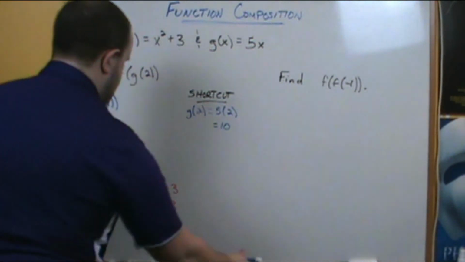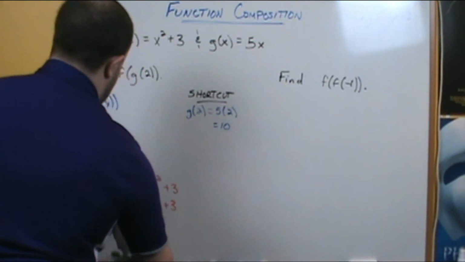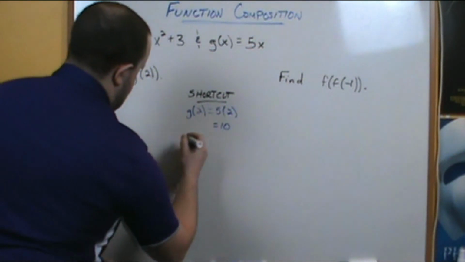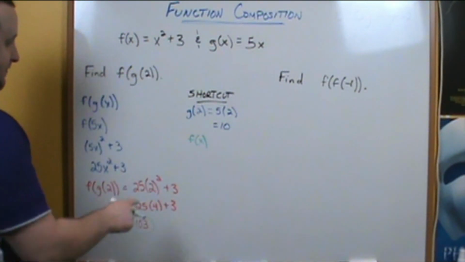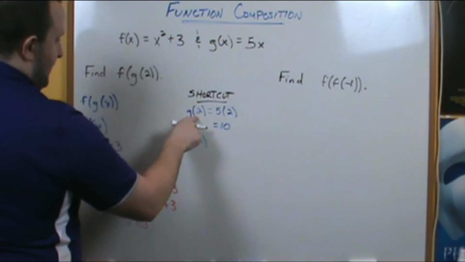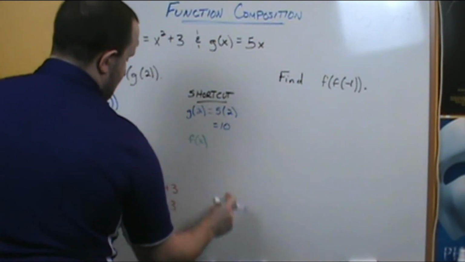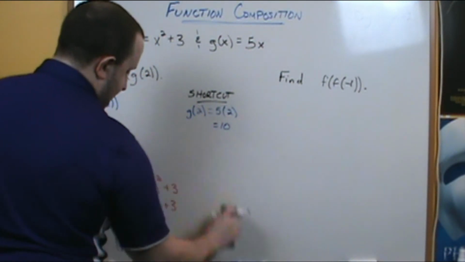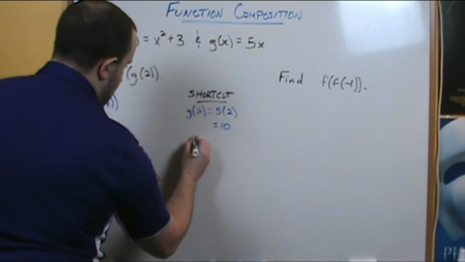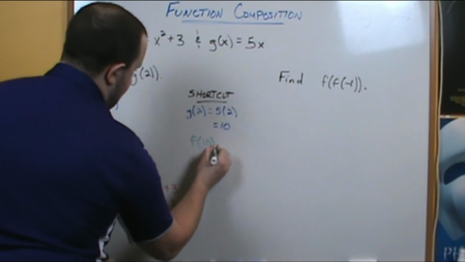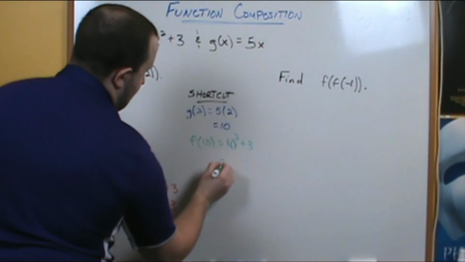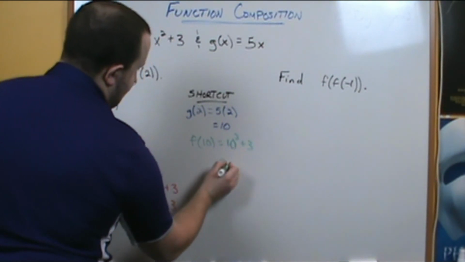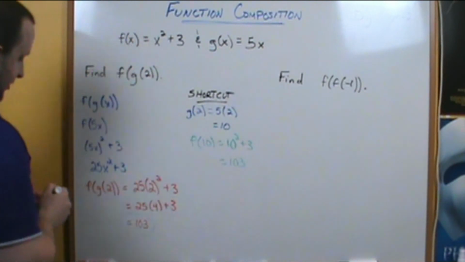Then what we do is we take f of x and we evaluate it at whatever we got for g of 2, which is 10. So we evaluate the function f of x at 10, which is going to be 10 squared plus 3. 10 squared is 100, plus 3 is 103.